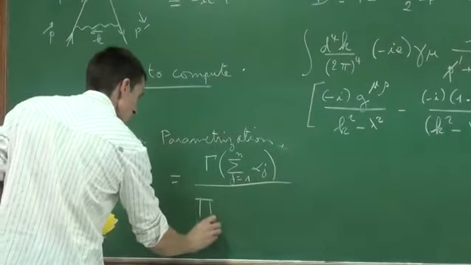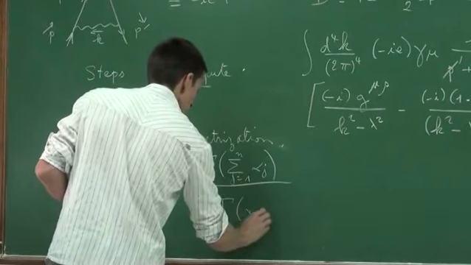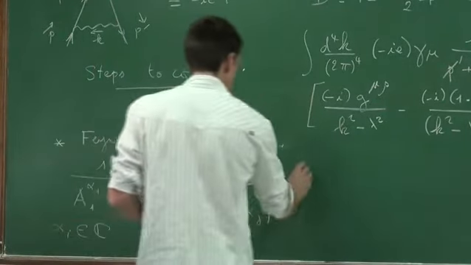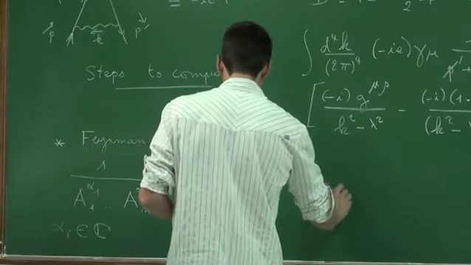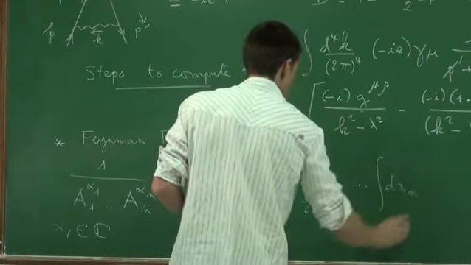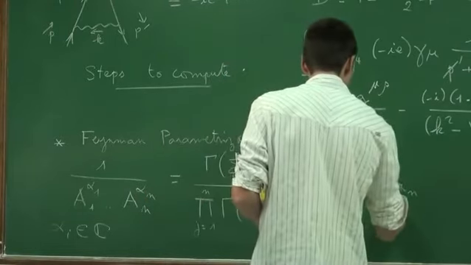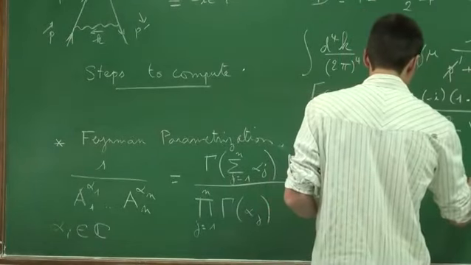The products here of the different gammas and the integrals of your Feynman parameters, the delta function.